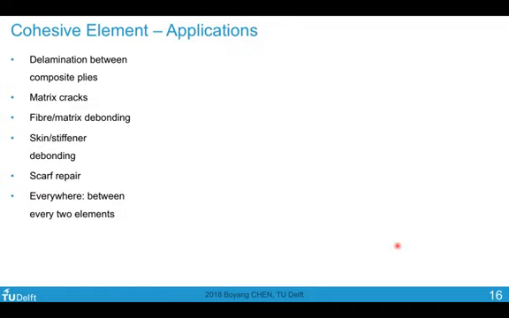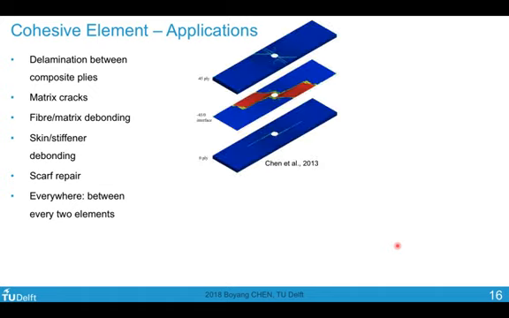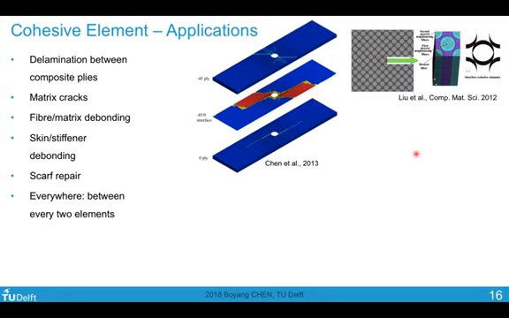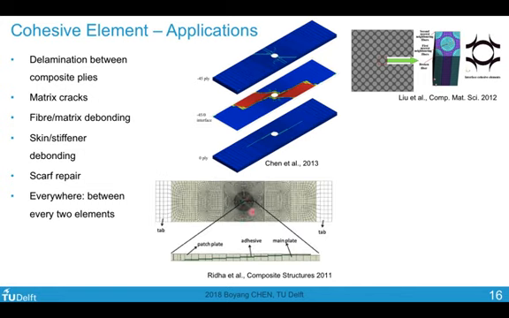Cohesive elements have many applications. It could be used to model delamination between plies of different fiber orientations. It could be used to model interface debonding between fiber and the matrices. It could be used to model the debonding of a scarf repair patch. Here, the cohesive element would be inserted to represent the adhesives.